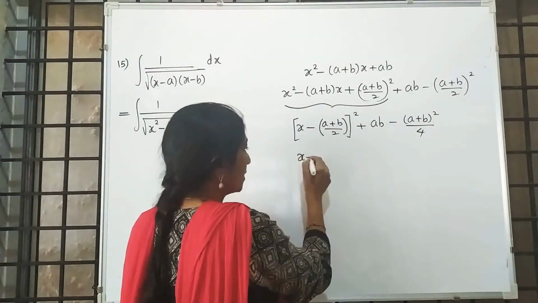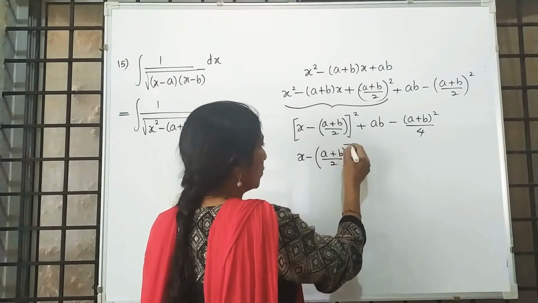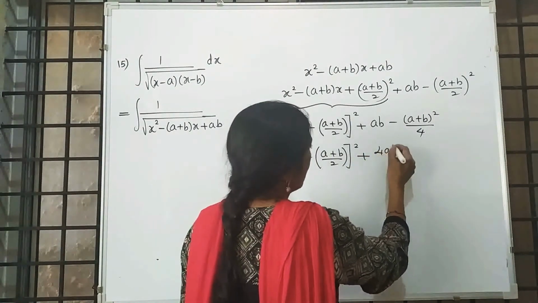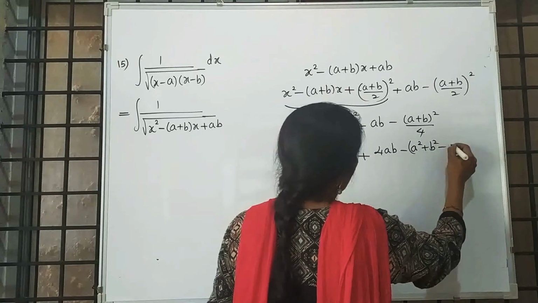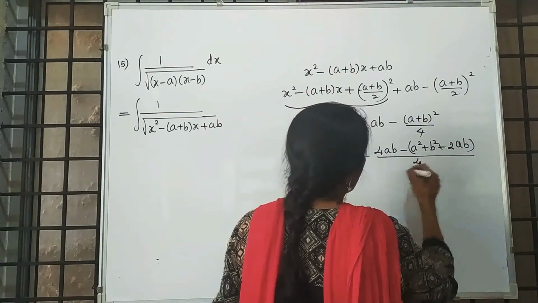This term I kept as it is: x minus (a plus b) upon 2 whole square plus 4ab minus, in the bracket, a square plus b square plus 2ab, whole divided by 4.